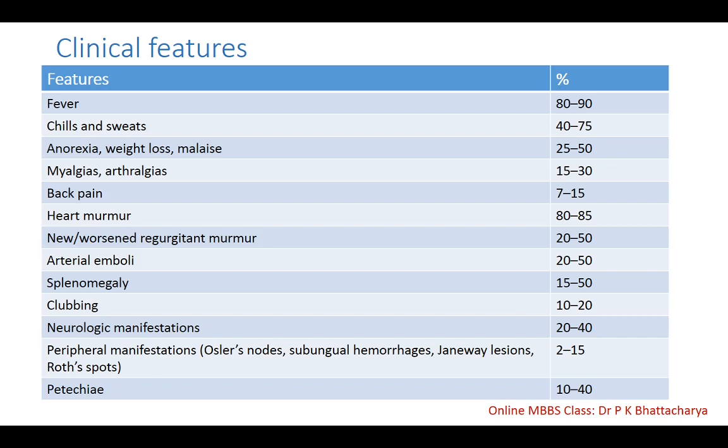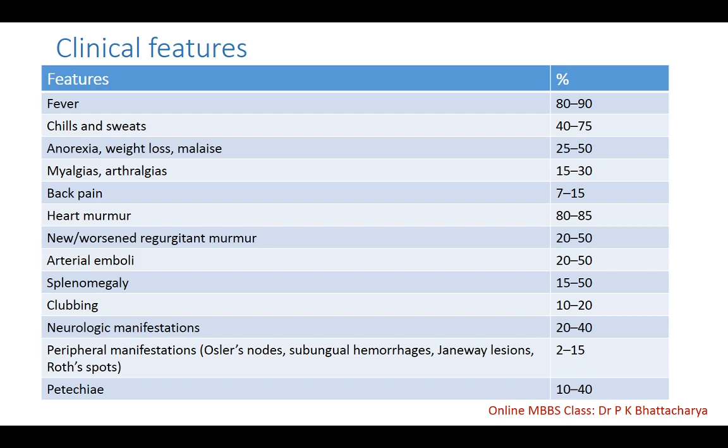Neurological manifestations following an embolic episode to the brain, and peripheral manifestations like Osler's node, subungual or below the nail hemorrhages, Janeway lesions, Roth spots. These are found in a varying range of 2 to 15%, and petechiae is also found sometimes in 10 to 40% of these people.